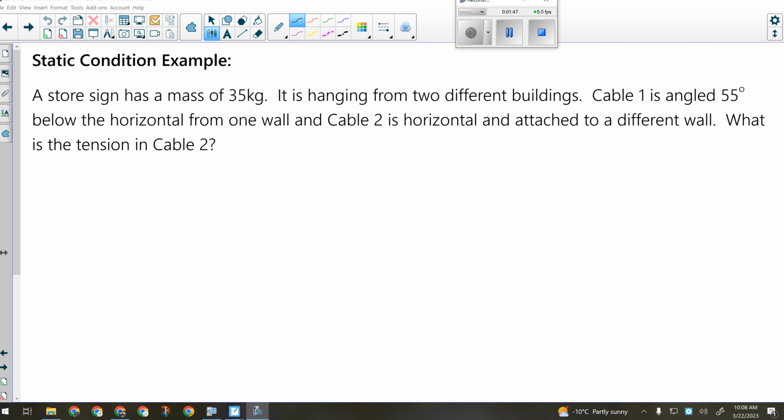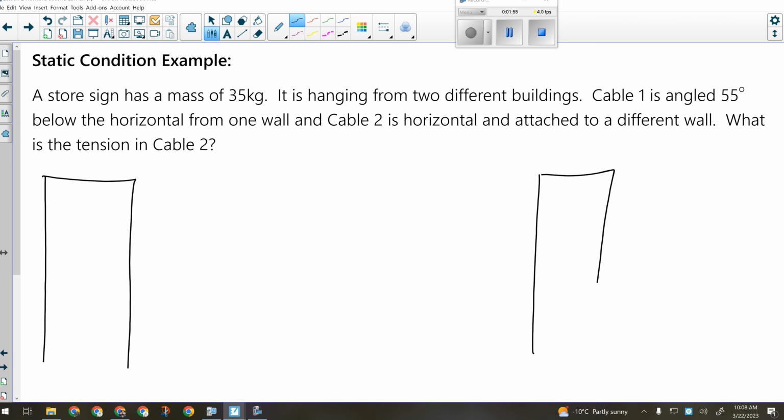Okay, so in this situation, we have two buildings, and we have a sign that's suspended between them by two cables. So the first cable, it says, is angled 55 degrees below the horizontal. So here's the horizontal.